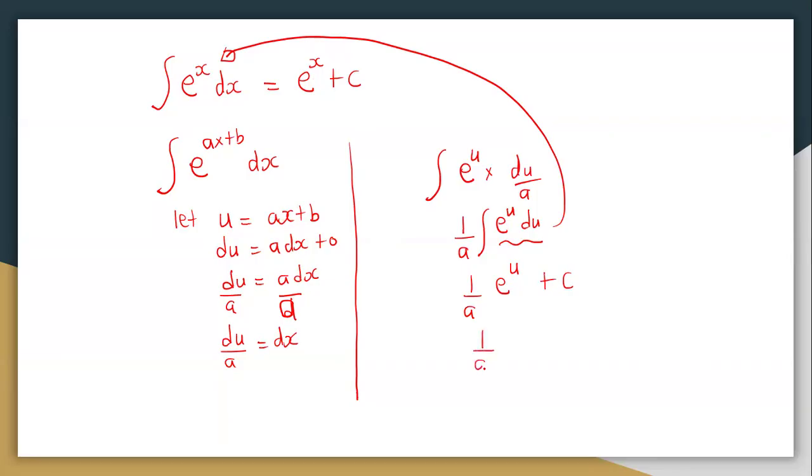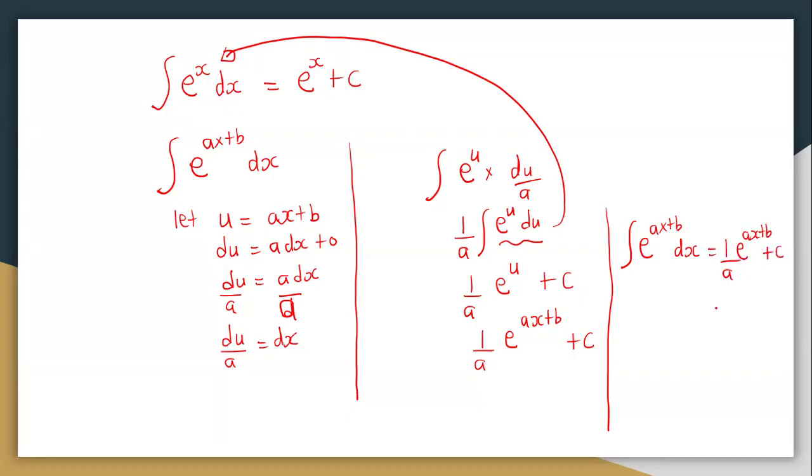So I have 1 out of a times e^(ax+b) plus a constant. Therefore, our general rule tells us that whenever I have an exponential with power ax plus b, with respect to x, I will always have 1 out of a times e^(ax+b) plus a constant.